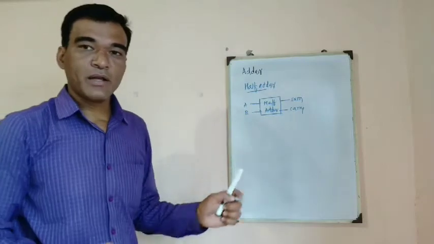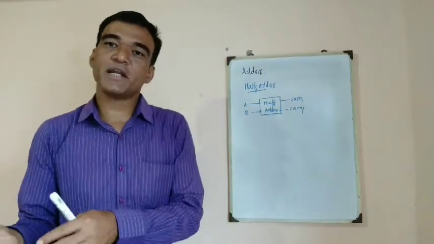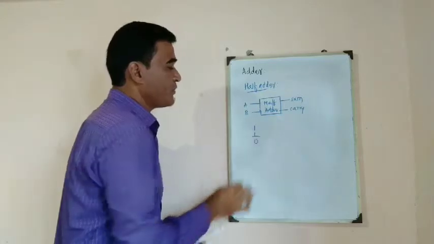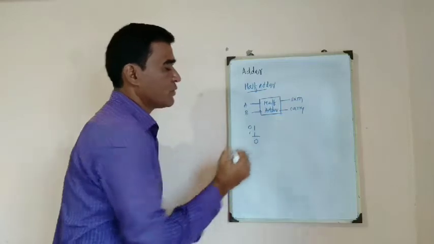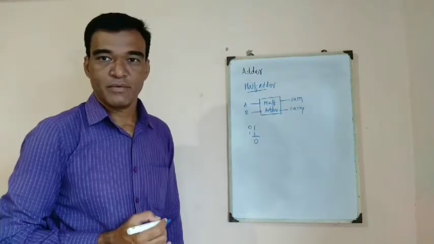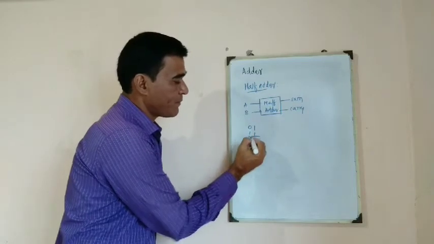In this half adder, we are not considering any carry which is generated previously. If we wish to add the number 0 1 with 1 1, then 1 plus 1 is 0 with carry 1.